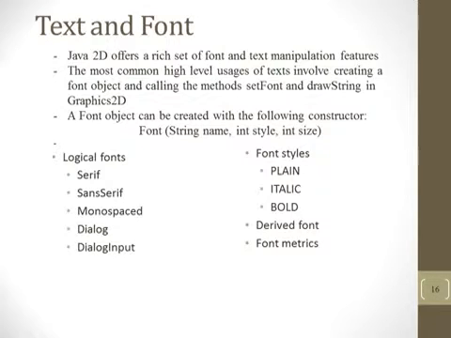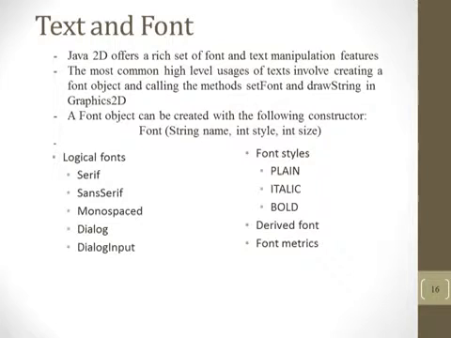A font object can be created with the following constructor: Font(String name, int style, int size). The name parameter specifies the font face name or the logical name of a font. A font is identified by the font face name, also called the font name, such as Times New Roman.